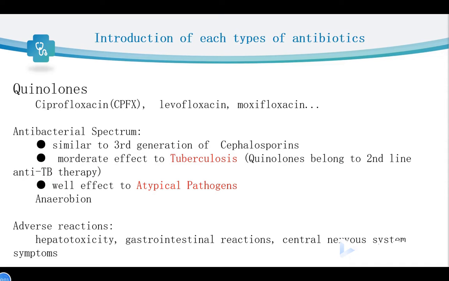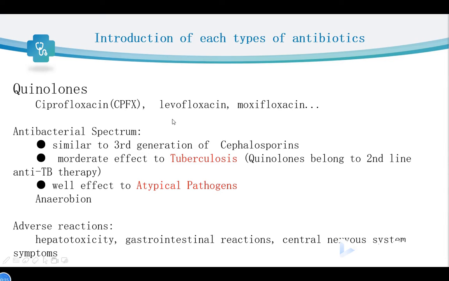This page shows the information of the quinolones. There is a special subtype of quinolones called the respiratory quinolones, including moxifloxacin and so on. These respiratory quinolones have a high concentration of the drug in the lungs.